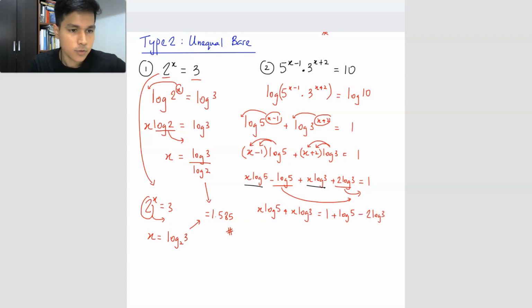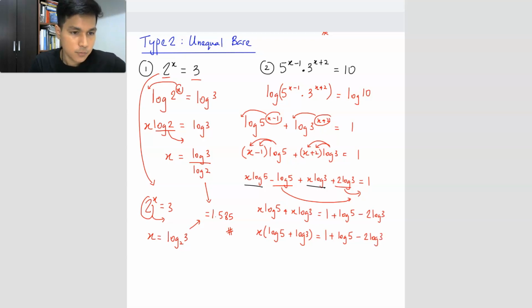Now what do we do? You've got the x here, so you can factorize the x out. So you factorize, and what you have is x times (log 5 plus log 3) equals 1 plus log 5 minus 2 log 3.